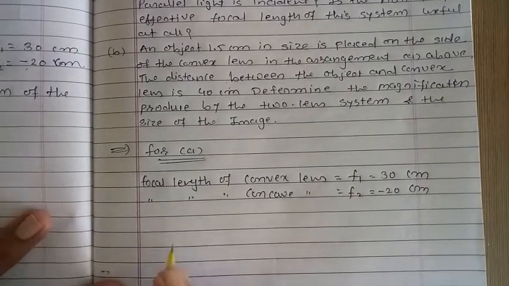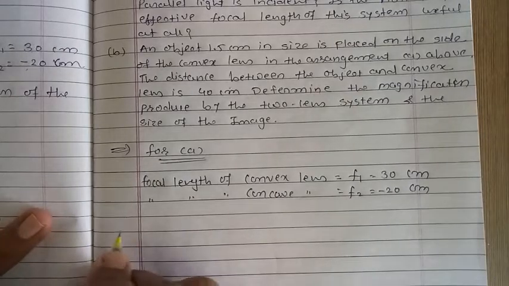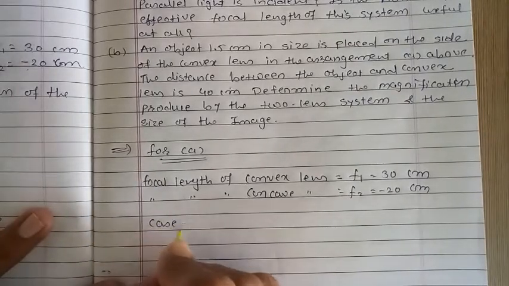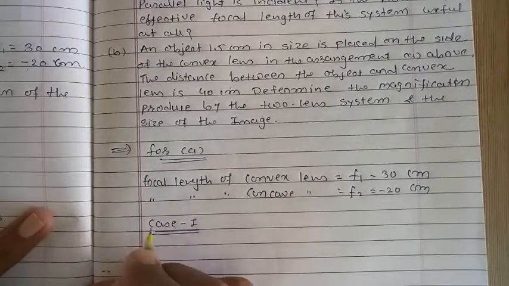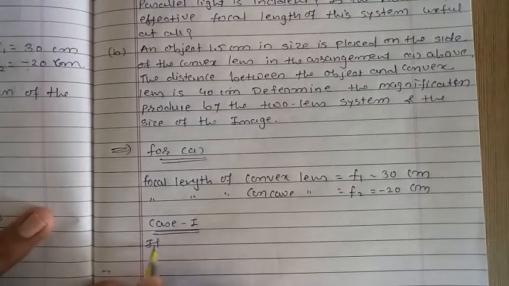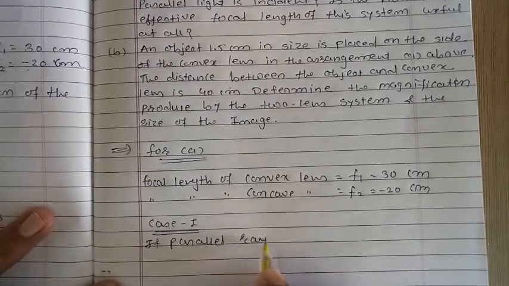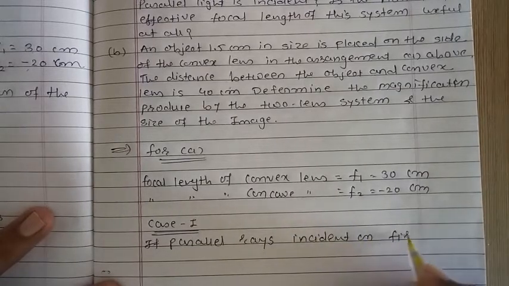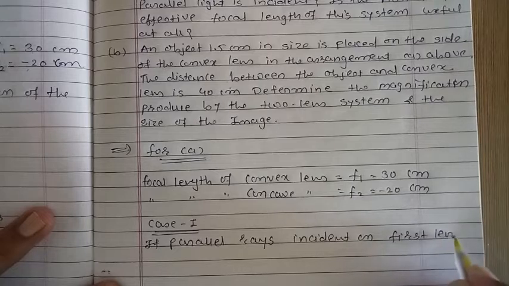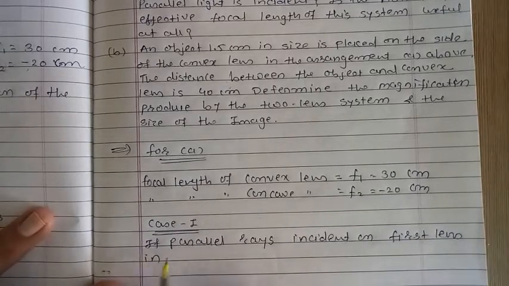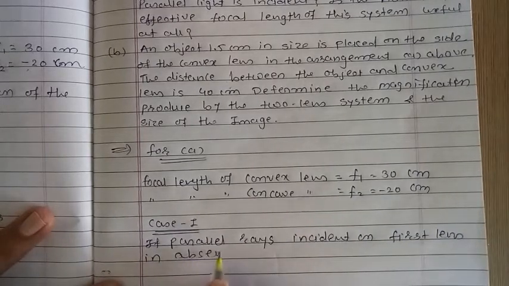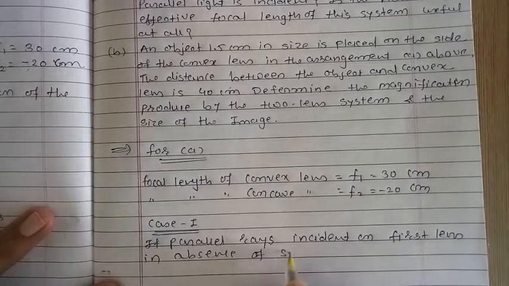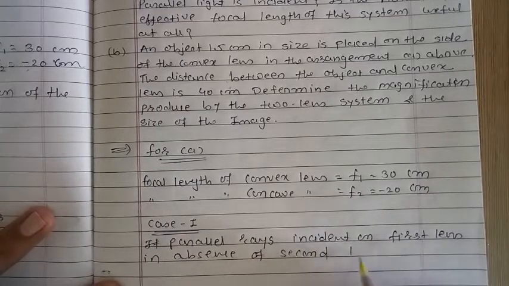So we can say that in case 1, parallel rays are incident on the first lens in the absence of the second lens.